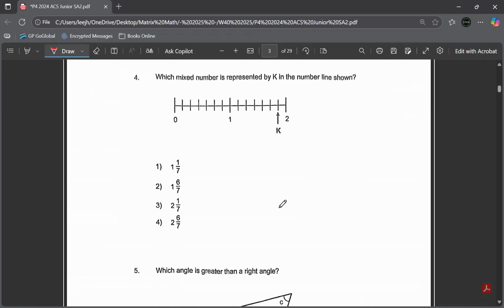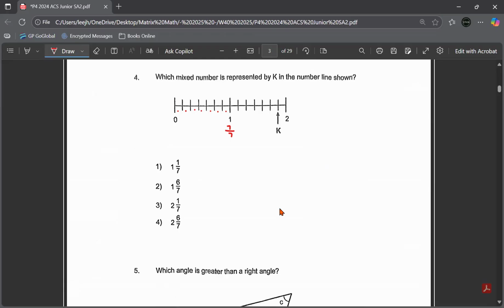Question 4. Which mixed number is represented by K in the number line shown below? Okay, so if you look at this K, how many intervals are there between 0 to 1? 1, 2, 3, 4, 5, 6, 7. So that means 1 whole is 7/7. Understand?